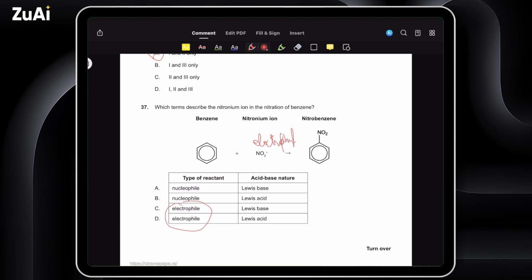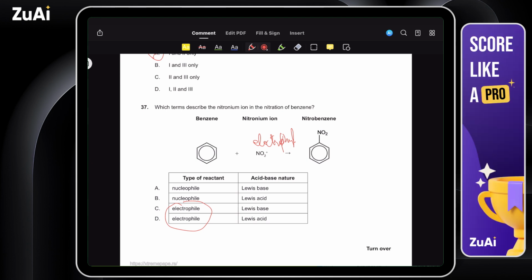Acid-base nature: now it has the positive charge. So that's why it's a Lewis acid, because a Lewis acid accepts a pair of electrons and it has the tendency to accept a pair of electrons.